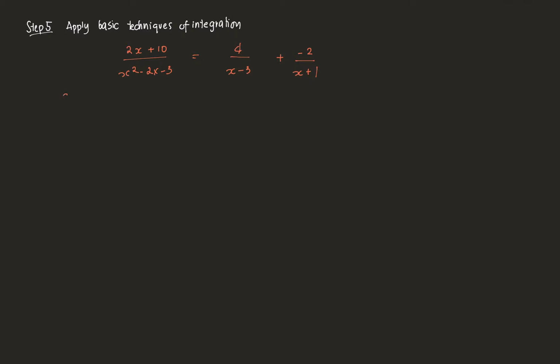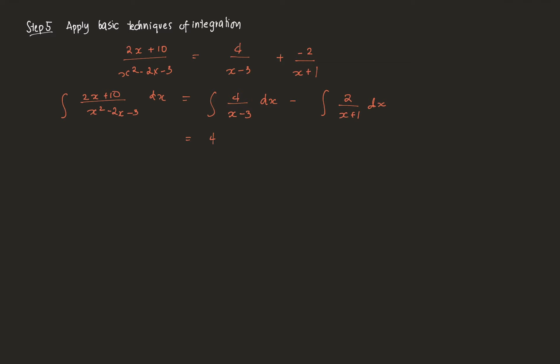So the integral of 2x plus 10 over x squared minus 2x minus 3 dx is equal to the integral of 4 over x minus 3 dx minus the integral of 2 over x plus 1 dx. Right, and I can factor out the constant.